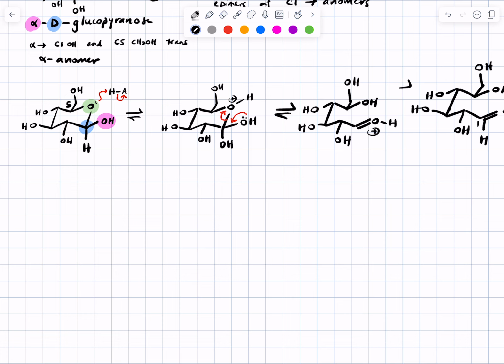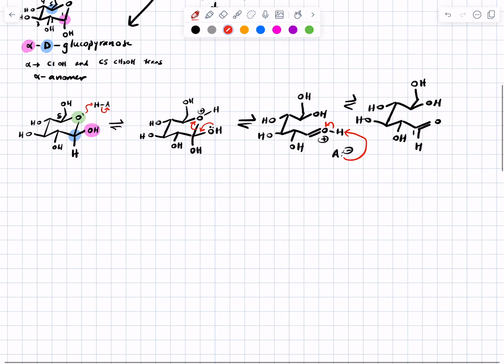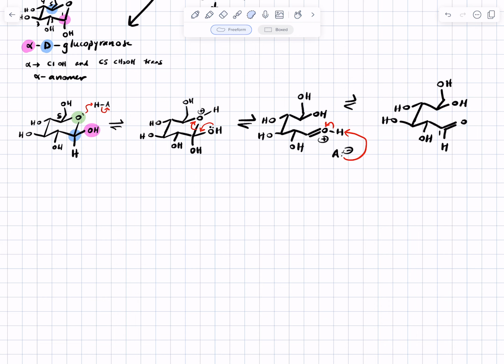And then getting to the final ring-open form is going to involve the conjugate base of our acid removing the proton to get to the aldehyde. I'm going to slide the aldehyde over because that feels a little crowded. Okay, so that's ring opening as you saw it in chapter 14.